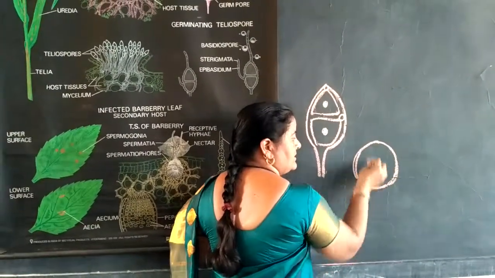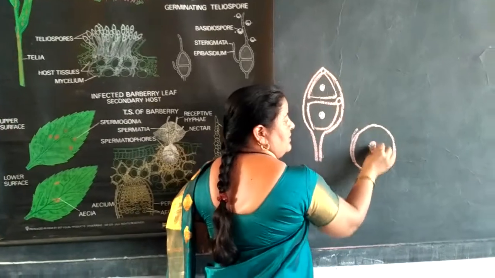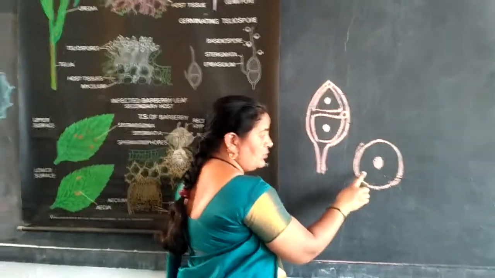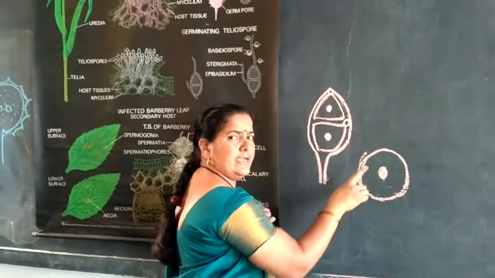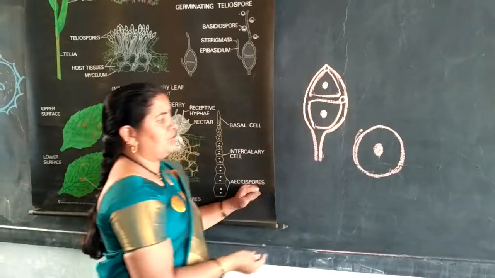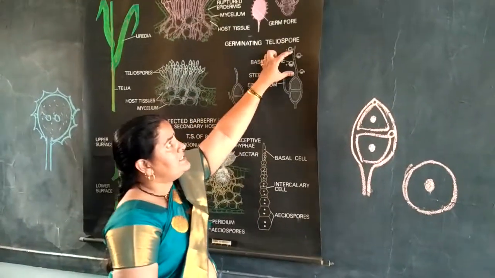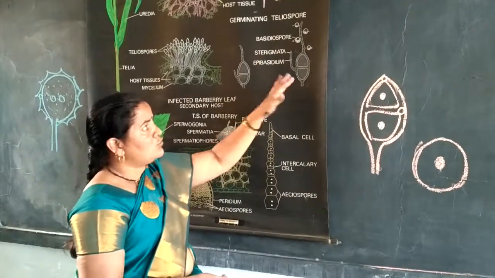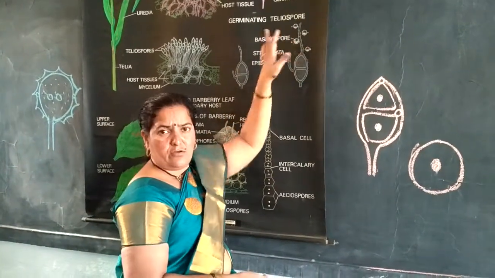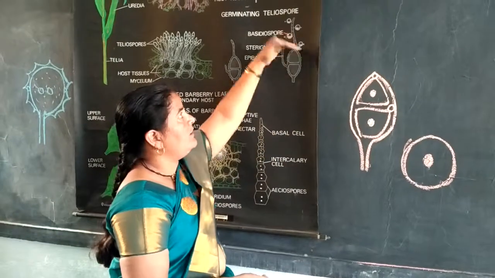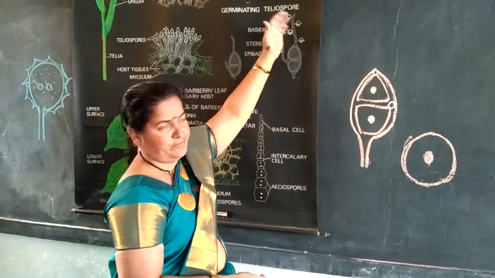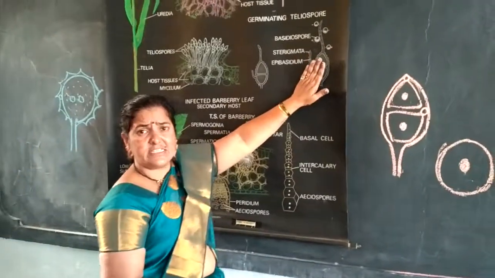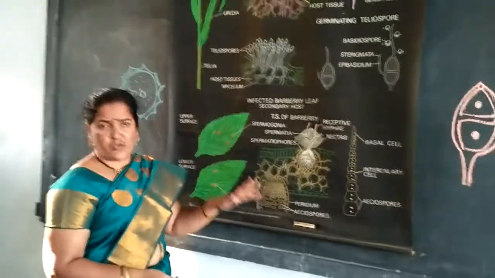So this is the basidial stage. Each epibasidium produces 4 basidiospores. Out of that, 2 are of positive strain and 2 are of negative strain. This is the basidial stage developed in the soil.